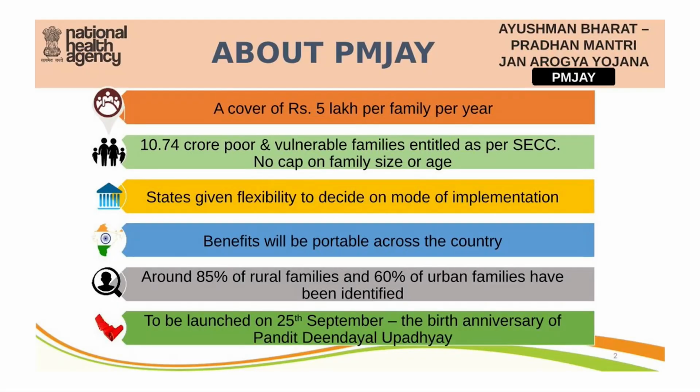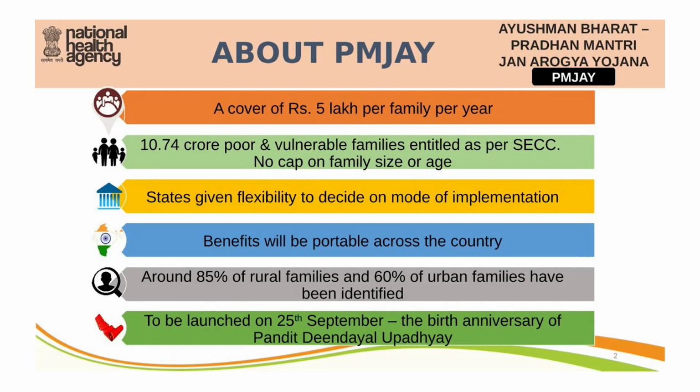The details about the Pradhan Mantri Jan Arogya Yojana are displayed on the screen, with a cover of 5 lakhs per family per year, and more than 10 crore people are entitled to such schemes. They can even be integrated with state flexibilities and state insurances.